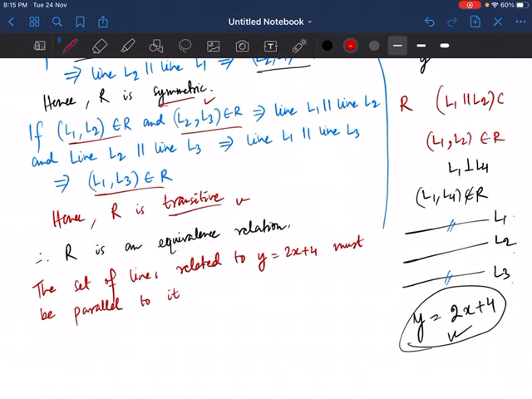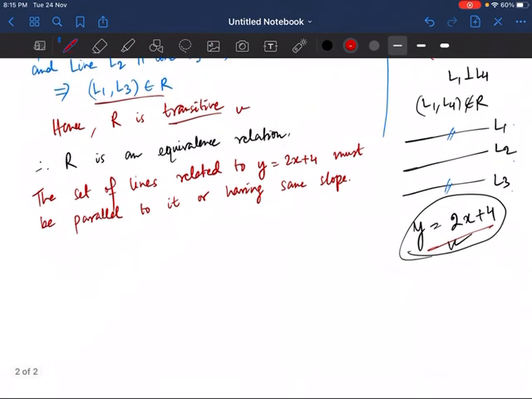And once we say that the two lines are parallel, when can two lines be parallel? When the slopes are equal. So the set of lines related to this must be parallel to it, or having the same slope. So now all we have to find is that lines having the same slope as this line will be the set of lines. So what is the slope of this line?